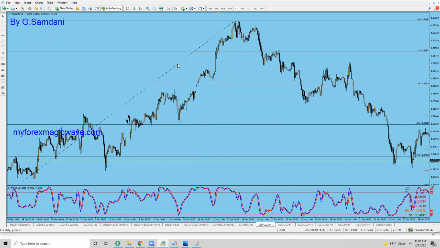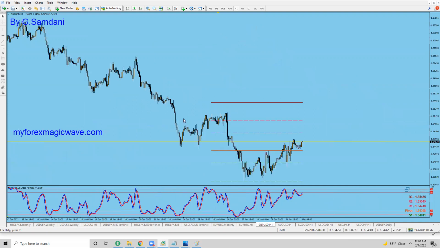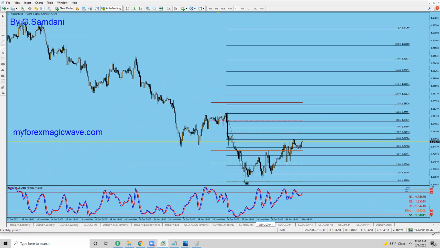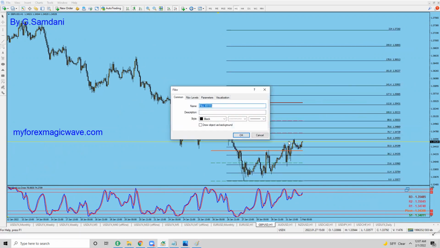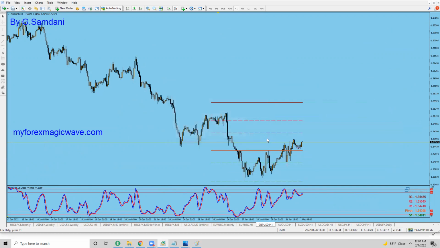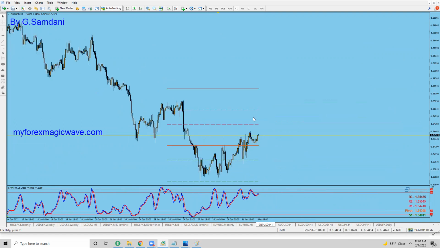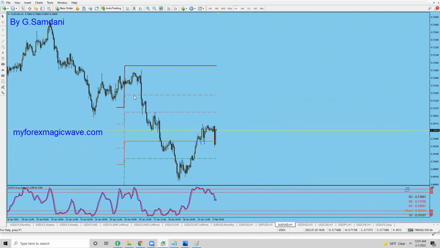All right, so you see this here? From here to here, it's exactly at 61%, right? And getting stopped here. So we can drop here to the 23% line and then go up, or go all the way down. It depends how far the wave 5 is in the US dollar index. Aussie USD, again, same thing. It retraced here.